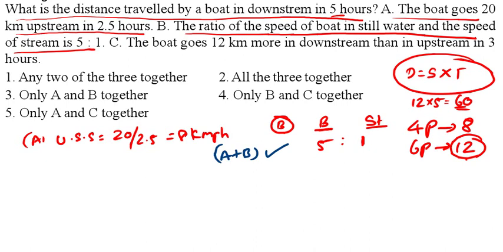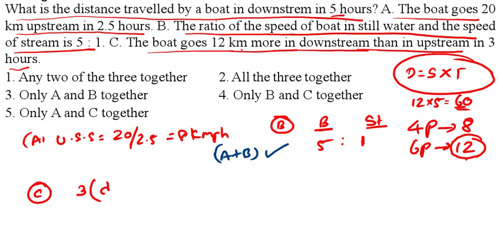Now you see C. The boat goes 12 kilometers more downstream than upstream in 3 hours. That 12 kilometers is the distance. So downstream distance minus upstream distance, D minus U, is equal to 12.